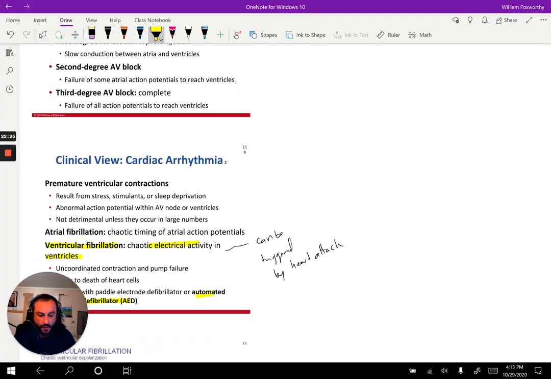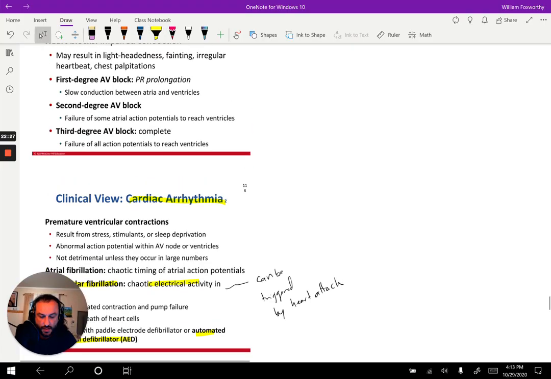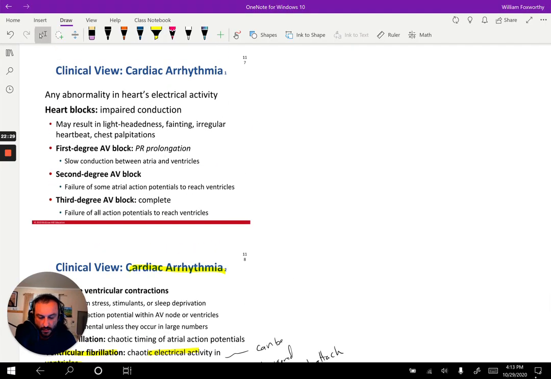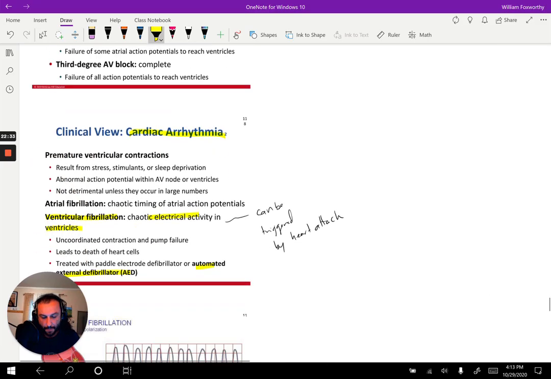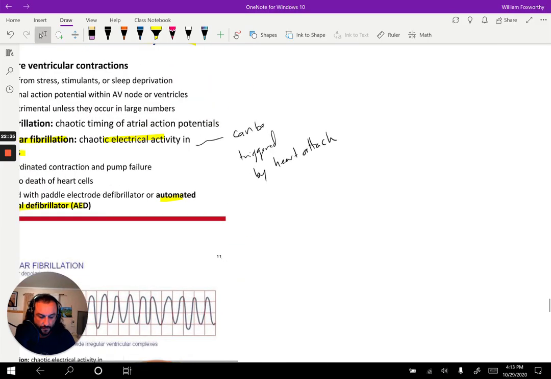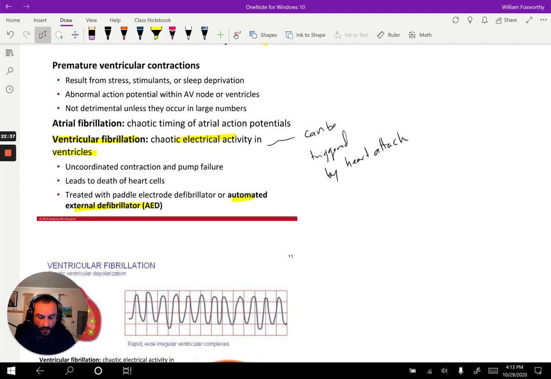An arrhythmia is any deviation from the heart's normal electrical activity, and a very dramatic and common one is ventricular fibrillation, and that occurs when you have uncoordinated or chaotic electrical activity in your ventricles. So the SA node is no longer in charge, is no longer running the whole show.